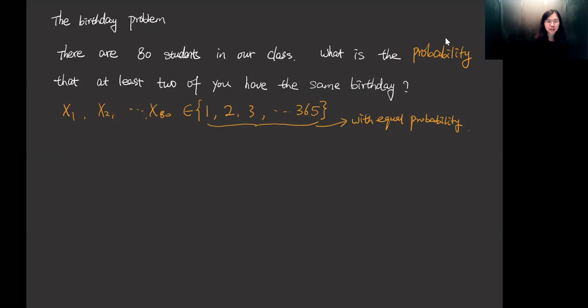This may or may not be true because some people might argue that people who are born in July are smarter, therefore they go to a graduate program with higher probability. Let's just ignore that and say that the birthday of each one of them is taken from these 365 days with equal probability. And let's say there are no twins among you guys. So no twins, meaning that x1, x2, to x80 are independent.